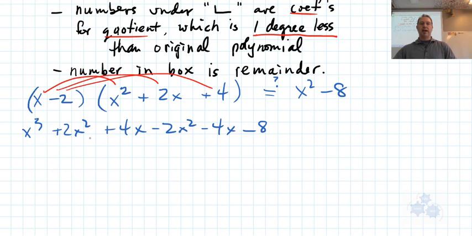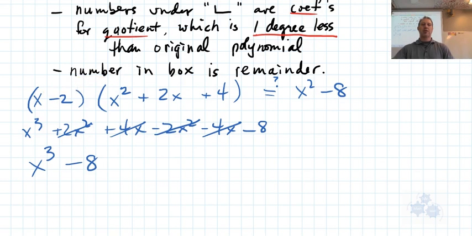I'm going to go a little quicker here. When we simplify that, we don't have any other x cubed, so that comes down. The 2x squared is going to cancel off with the negative 2x squared, and the positive 4x and the negative 4x also cancel. So you see what we have here is a result of x cubed minus 8. Therefore, we've done everything correctly, and this indeed is your answer.